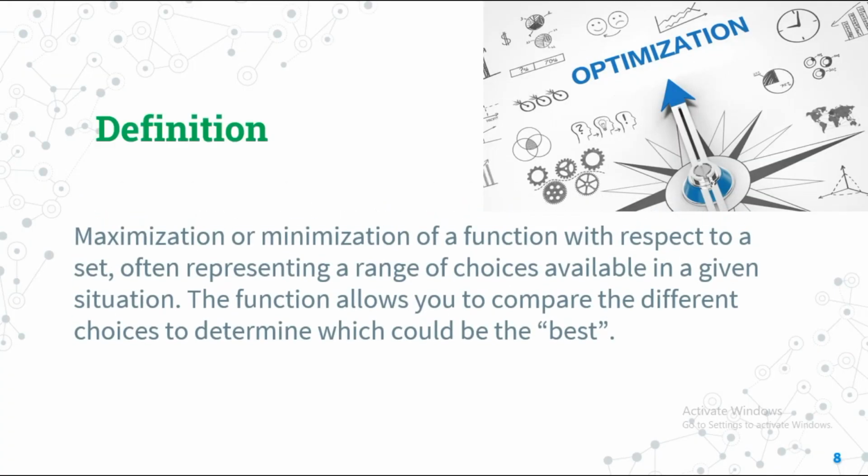Let's begin. Definition: maximization or minimization of a function with respect to a set, often representing a range of choices available in a given situation. The function allows you to compare the different choices to determine which one could be the best solution under a certain constraints.